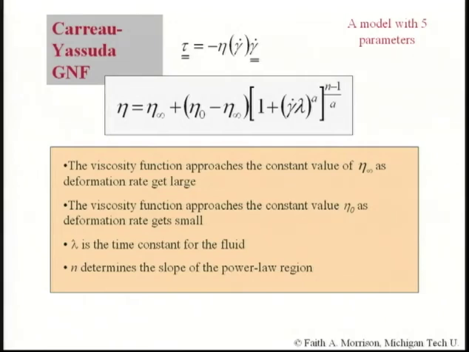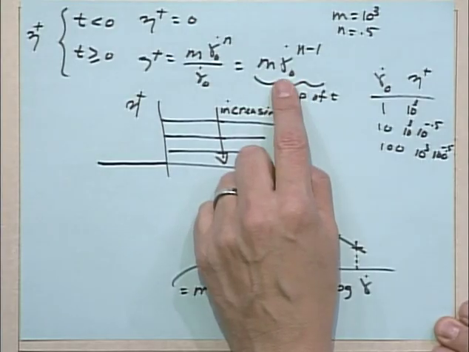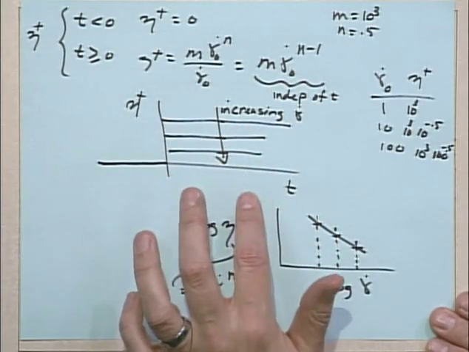Up to here, if I put a different eta in here, this is all going to be the same as before. I have to put the Carreau-Yasuda eta in here, and then that just changes this final value. It's going to step up to the Carreau-Yasuda value, and so this will look a little bit different.